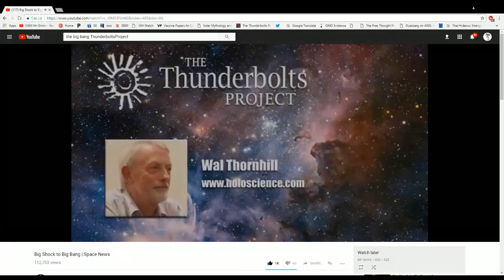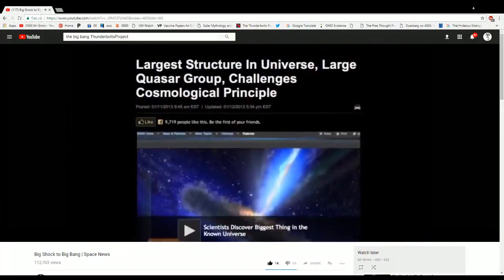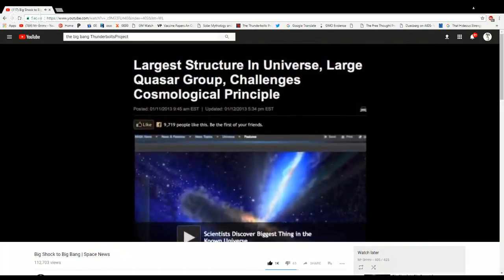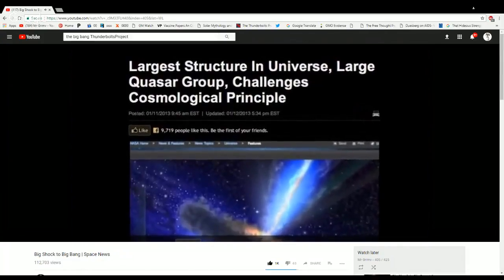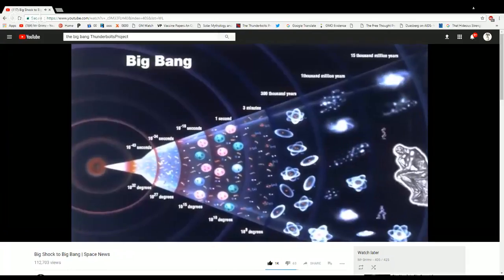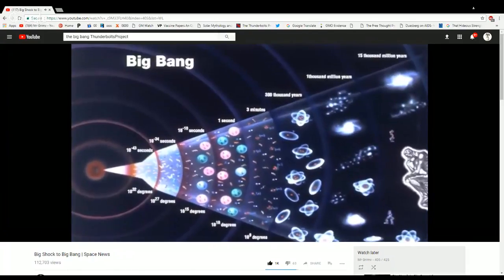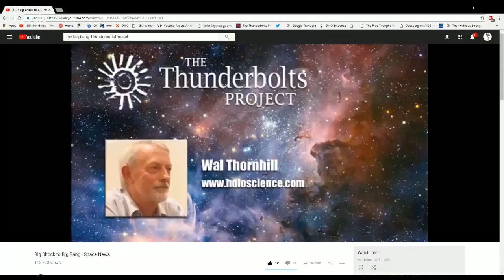The question that arises from this recent finding of a gigantic quasar cluster, which, according to the headline, shatters long-held theories of space, is that it actually shatters the long-held theory of the Big Bang. But that's not specified. It's just put in general terms because, of course, there is no alternative to the Big Bang Theory at present, or at least there isn't according to conventional science.